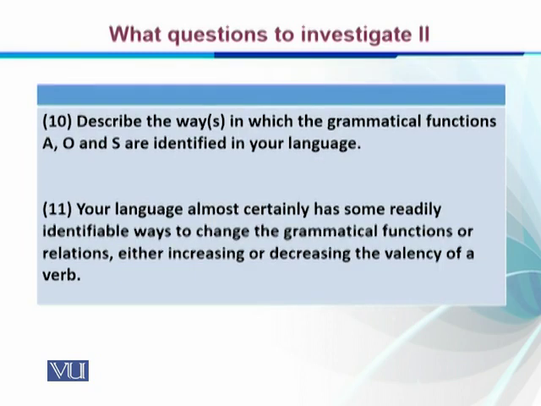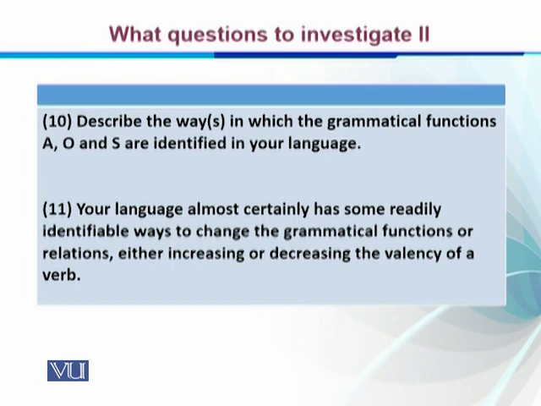Describe the ways in which the grammatical functions, for example, adjunct, object, and S, are identified in your language. For example, in English, it has a certain phrase structure, but in Arabic, certain markers are found. Your language almost certainly has some readily identifiable ways to change the grammatical function or relation, either increasing or decreasing the valency of a verb, right?